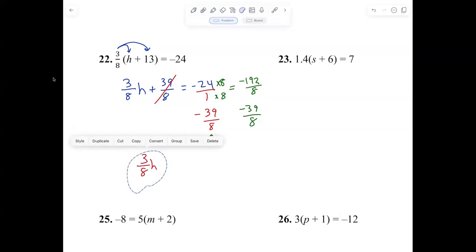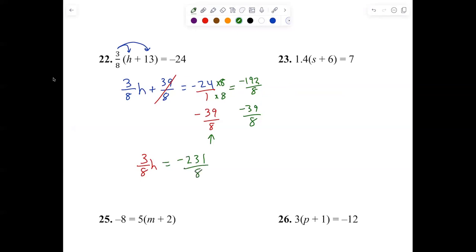Yes. So now I want you to add 40. Positive or negative? Negative. Yes. Over 8. Good job.